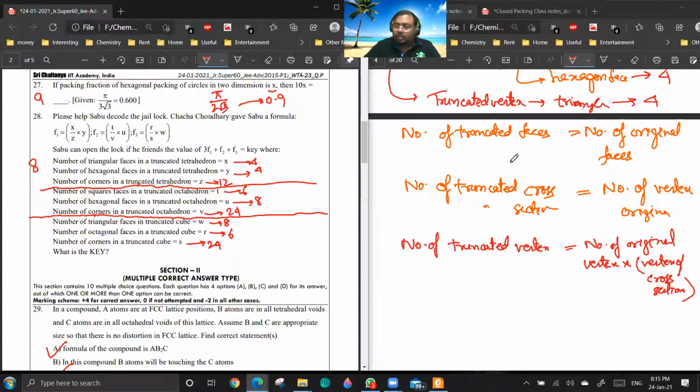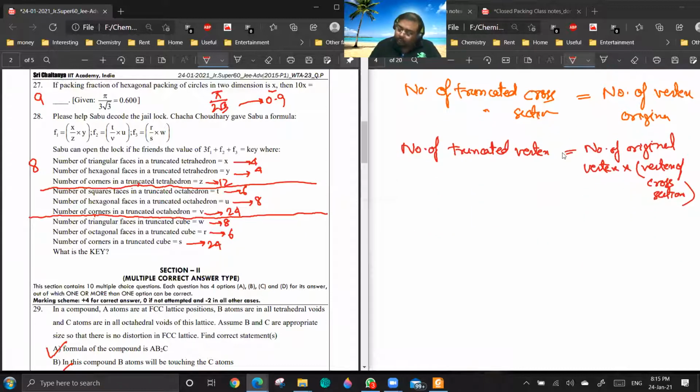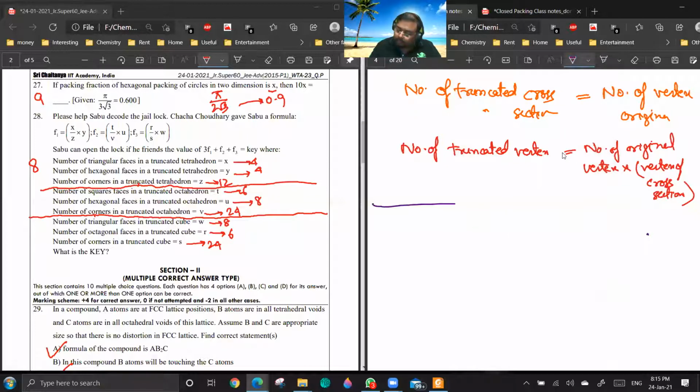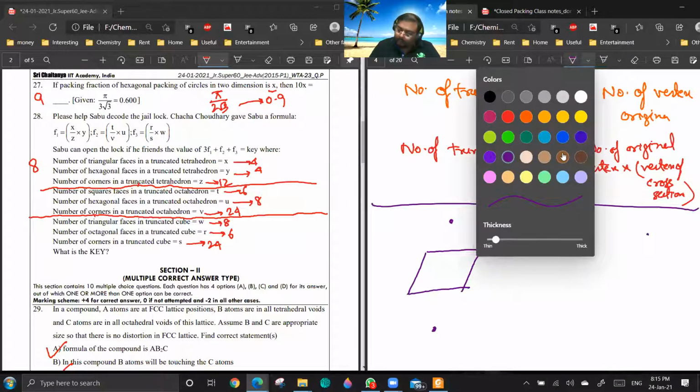Now let us come to a cube. Let us draw first an octahedron. So how do we draw an octahedron? We draw a square. We put a vertex on the top, put a vertex on the bottom, and then we join the sides.